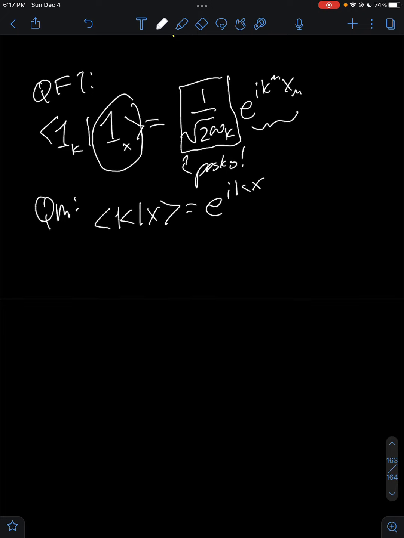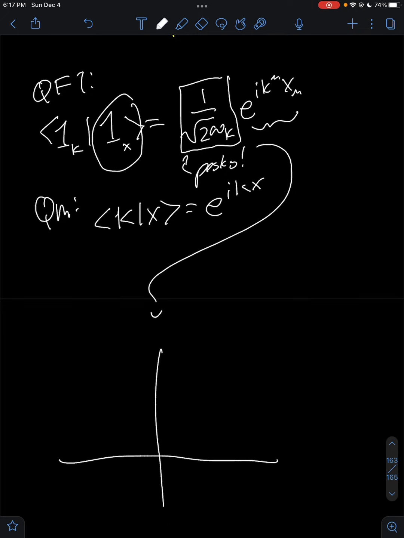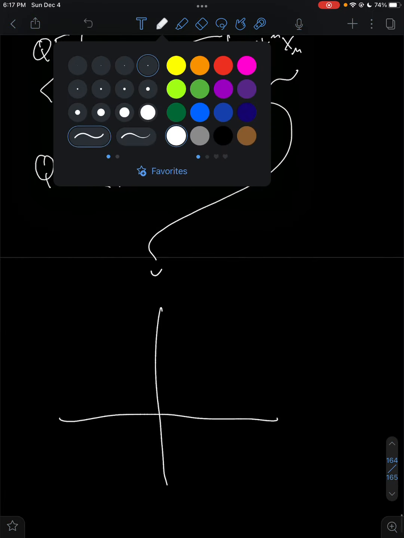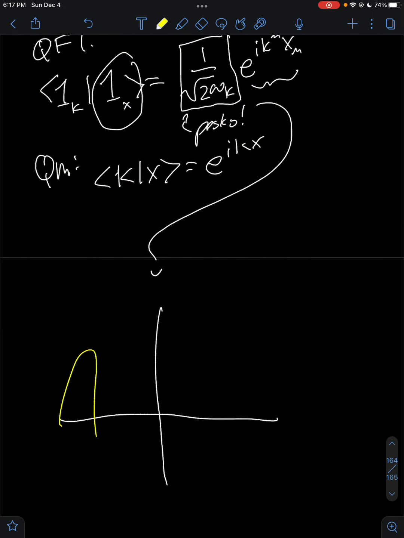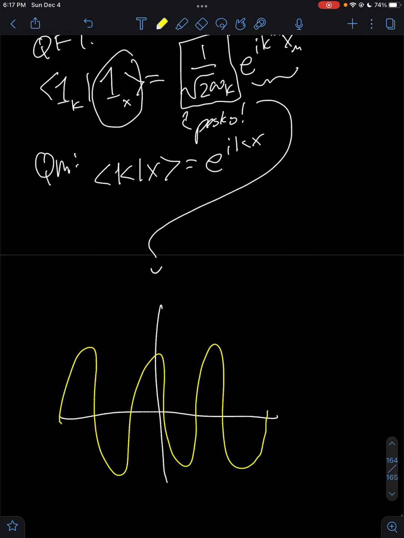Also, if we were to graph this out, we're going to have something that looks like a plane wave, which makes sense. This is telling us that the momentum eigenstate, if you were to graph what it looks like, is a very spread out wave. It's very delocalized. And this is a consequence of the Heisenberg uncertainty principle.